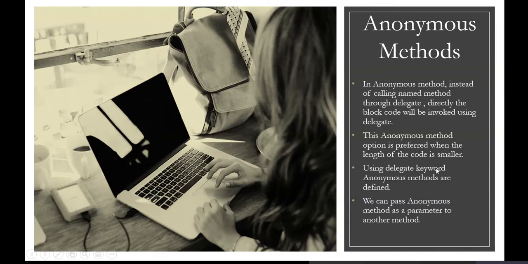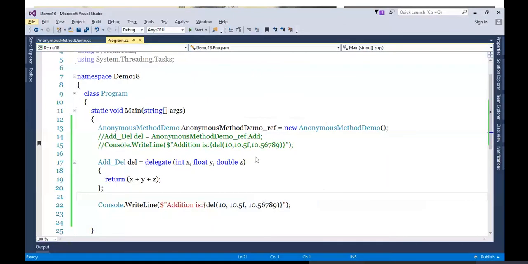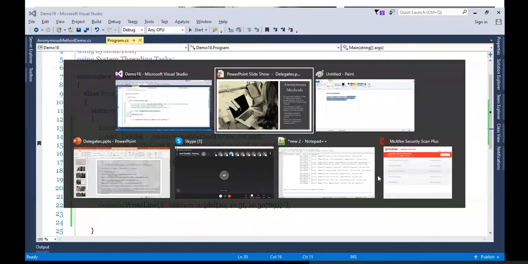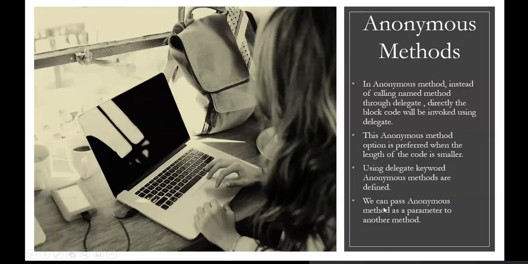So using delegate keyword, anonymous methods are defined. If you want to define a method, you will use delegate keyword, like I said here. And we can pass anonymous method as a parameter to another method, that we'll see ahead.